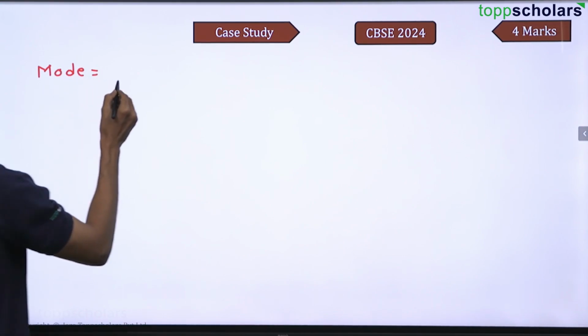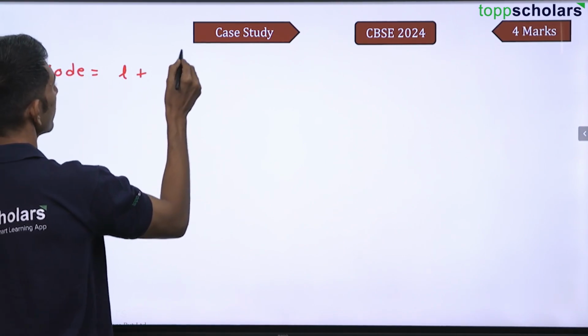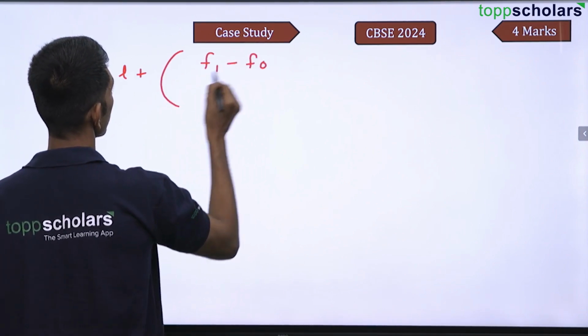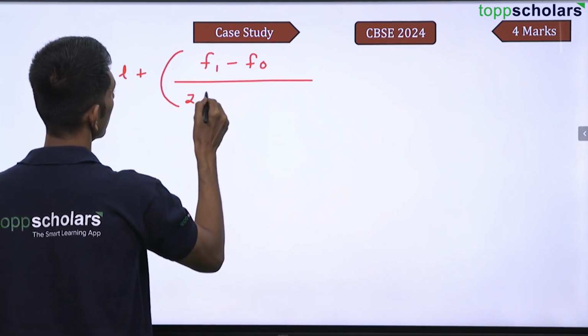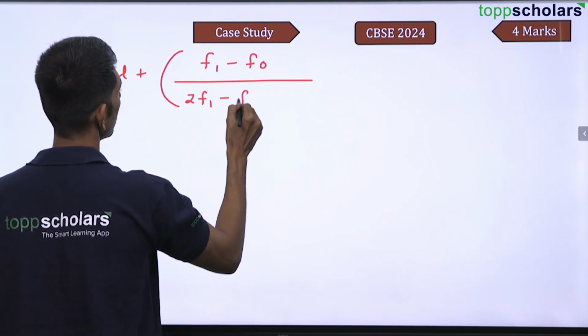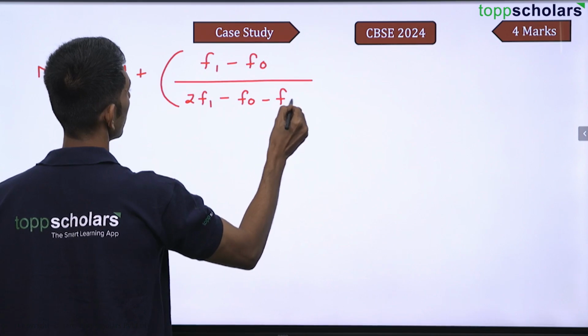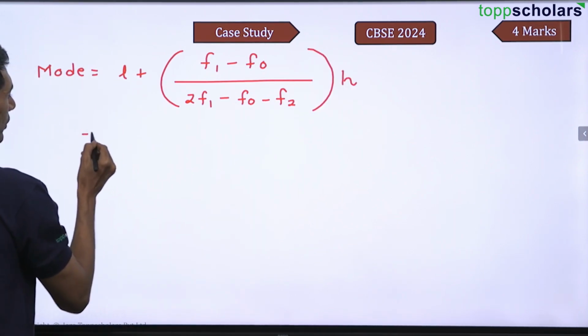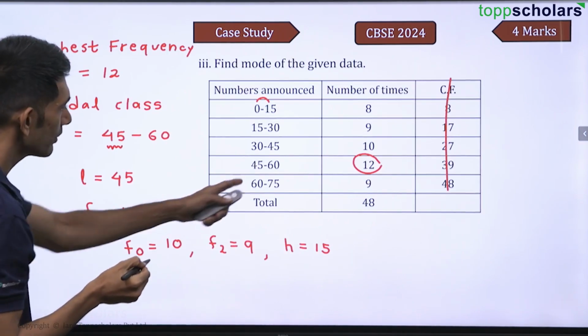Correct? Now solve it. So how do we find out the mode? The mode is given by L plus F1 minus F0 by 2F1 minus F0 minus F2, the whole multiplied by H. Put the values. L is how much? L is 45.